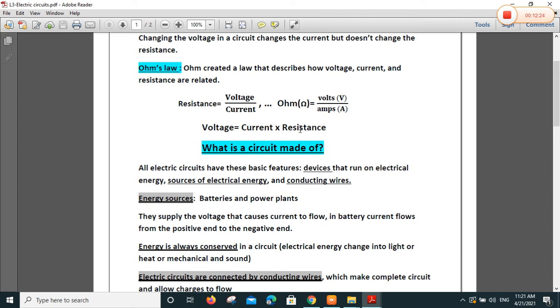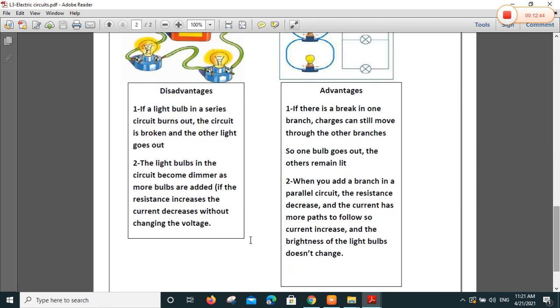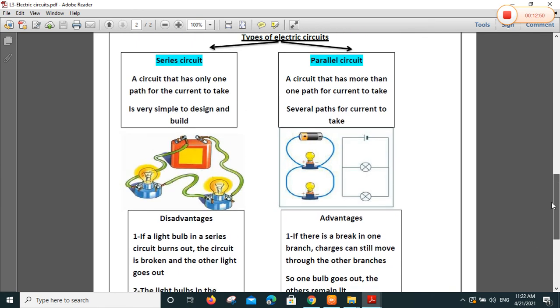If resistance decreases, current increases, because the two are multiplied to each other, like 3 times 4, 2 times 5, 6 times 2, and so on. One increases, the other decreases. One decreases, the other increases. And the voltage doesn't change. Look, voltage doesn't change.